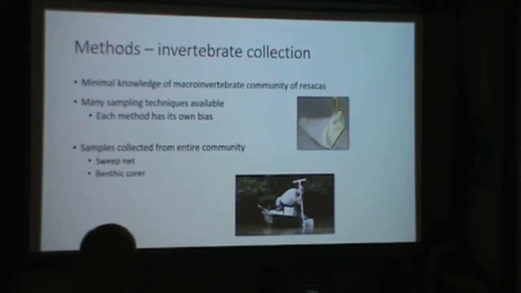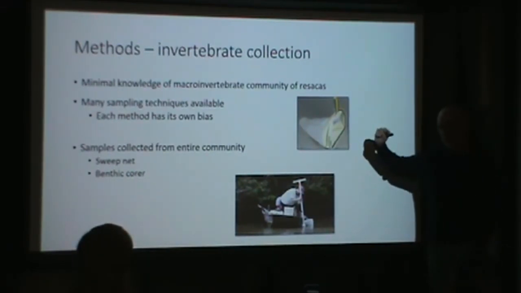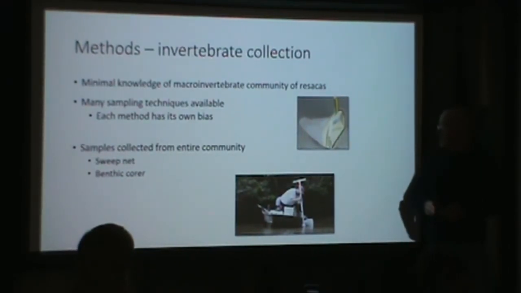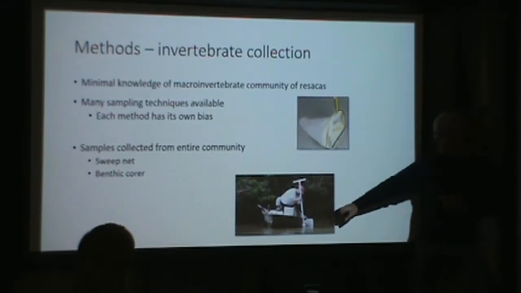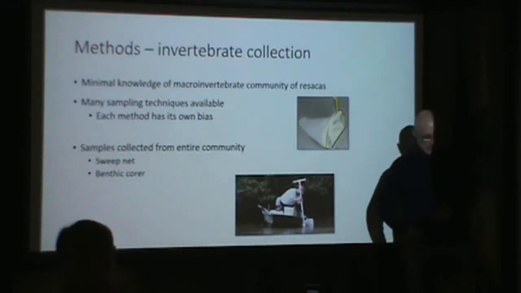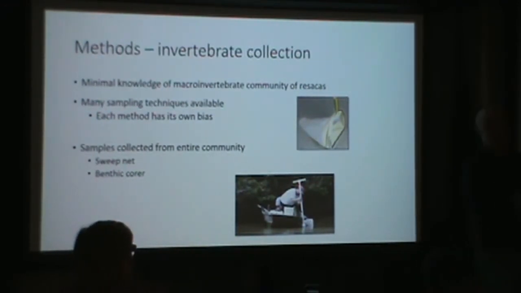Okay, so this is just to show you the ways that we use, and many people use, to sample this kind of community, this kind of animals. So there are invertebrates that are suspended in the water column, so we use a net like that. And there are some, actually many, that live in the mud.